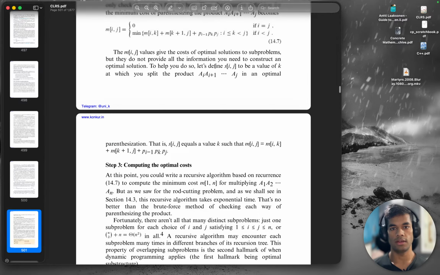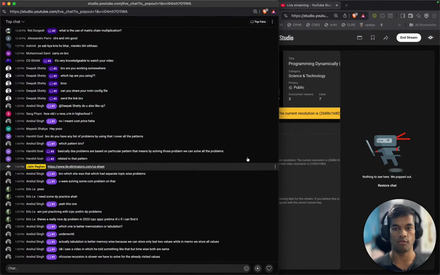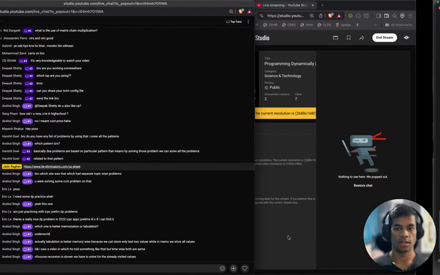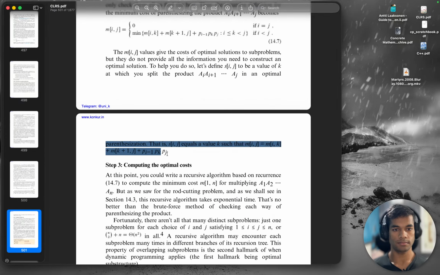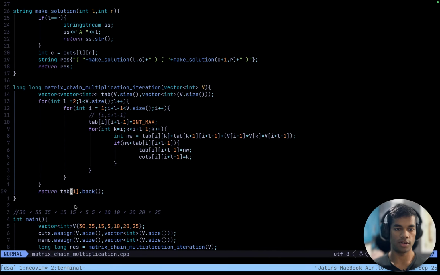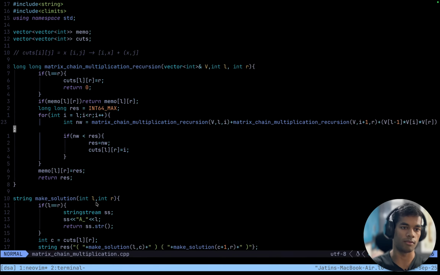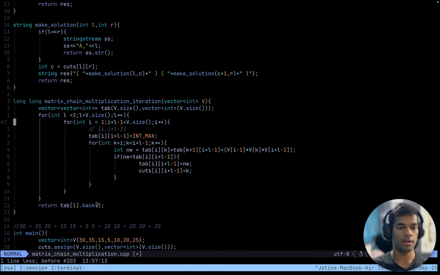We would need something like sij to be the value of k at which you split the matrix. Okay. We need some information about where we are splitting the matrix. Cool. If you want to construct the solution.